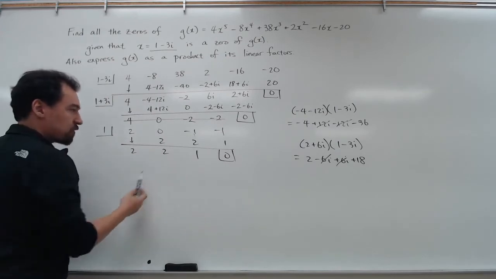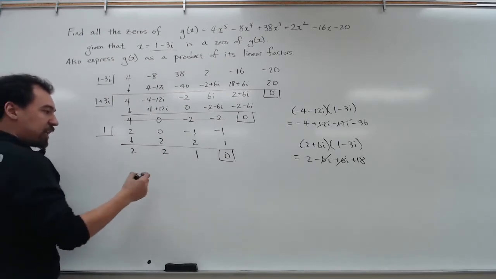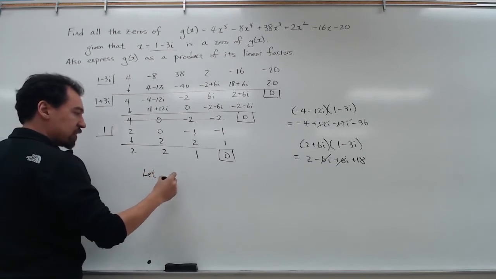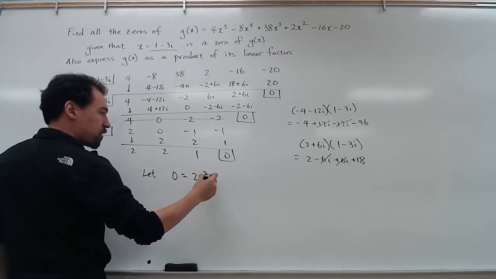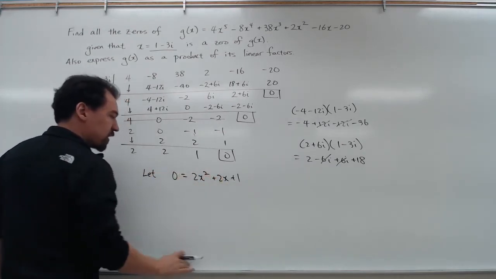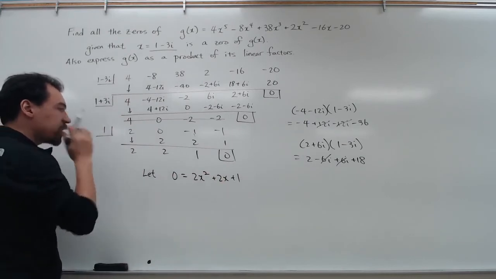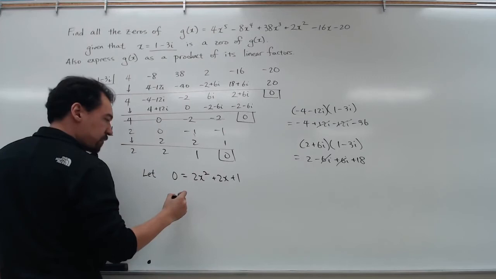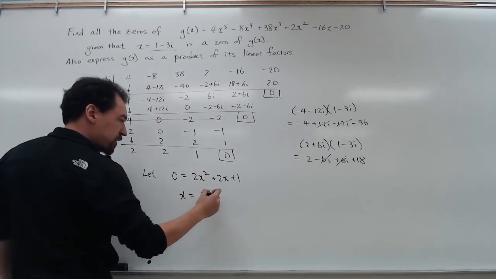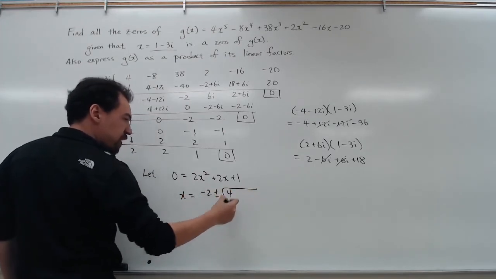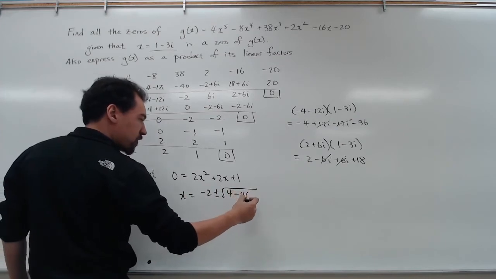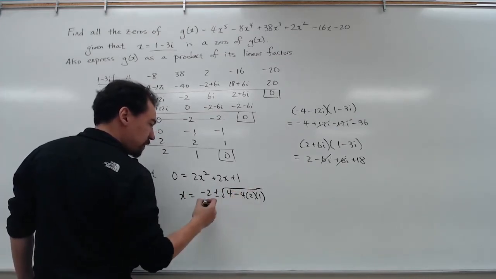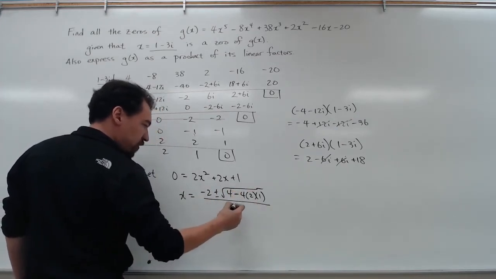Now I'm down to a quadratic, which means I can just let 0 equals 2x squared plus 2x plus 1. Because I looked at this and I realized I probably can't factor that easily by hand. So I'm going to use the quadratic formula, negative 2 plus or minus the square root of 2 squared minus 4 times 2 times 1, all over 2 times 2 is 4.